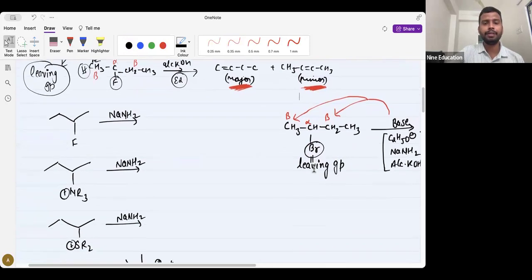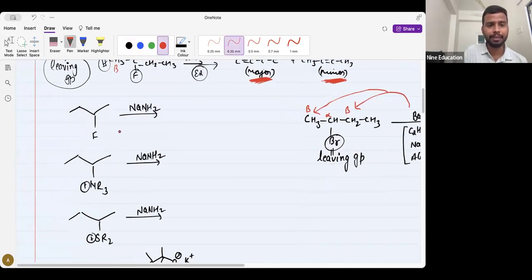Understand. Here also, if I take these three examples, this one is alpha, this one is beta, this one is beta. See? So out of these three, अगर मैं ये करूं, you all know these leaving groups are Hoffman leaving groups. Hoffman leaving group हैं तीनों.